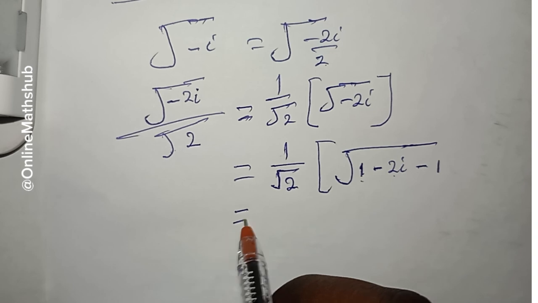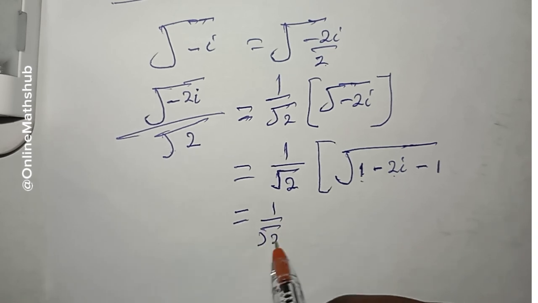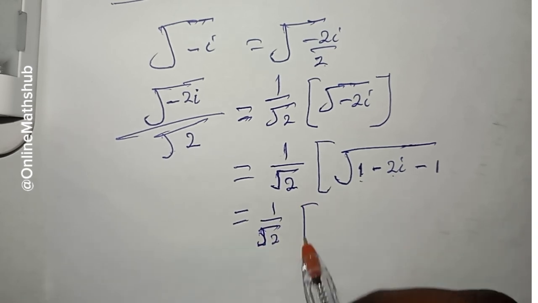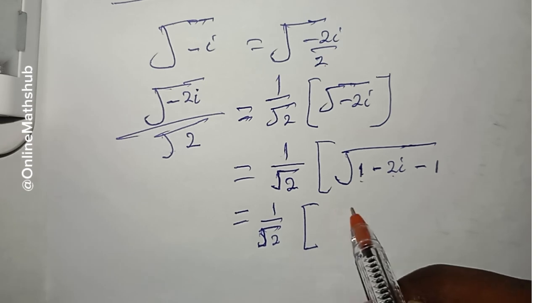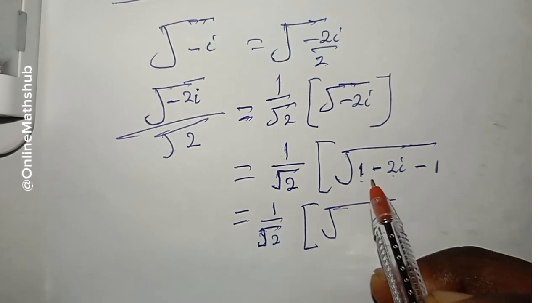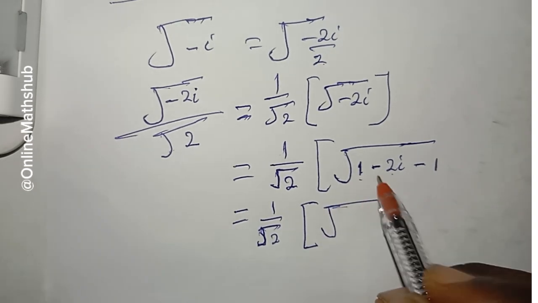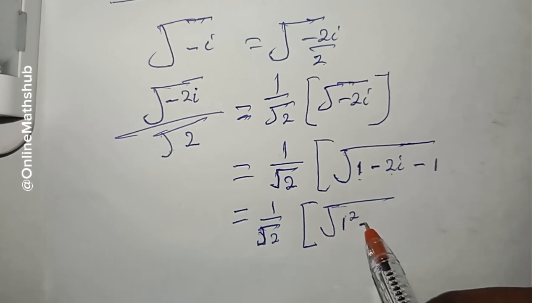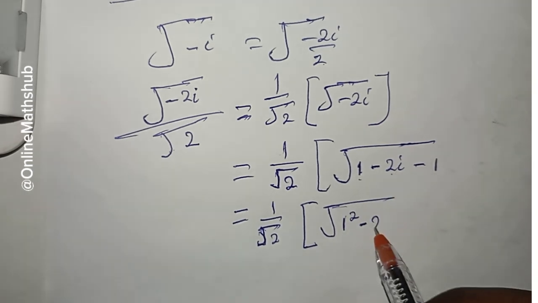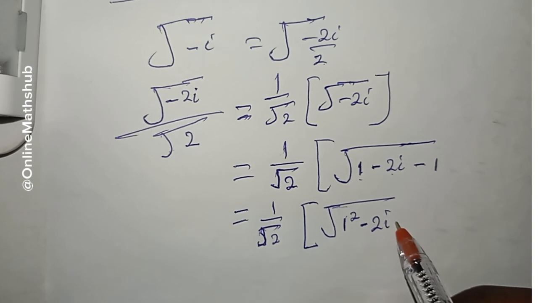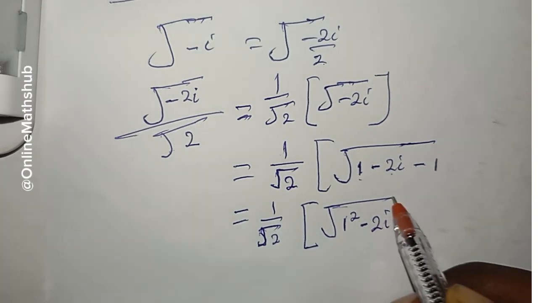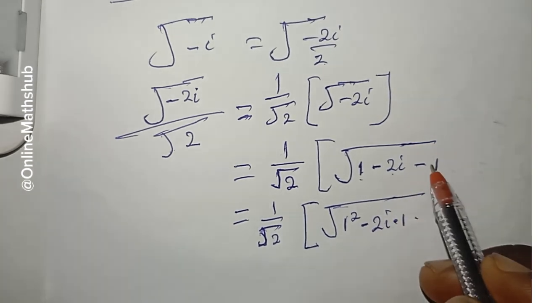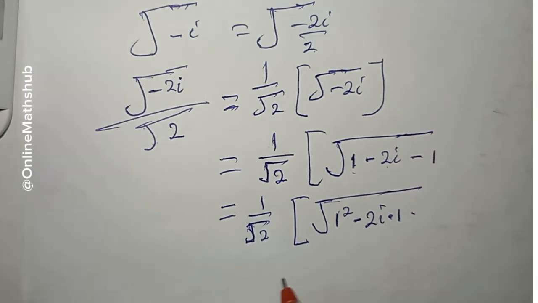Moving on, this is 1 over root 2 into, and then we can write 1 as 1 squared, still the same, minus 2i, we still write it as 2i multiplied by 1, and then we can write this negative 1 here as i.